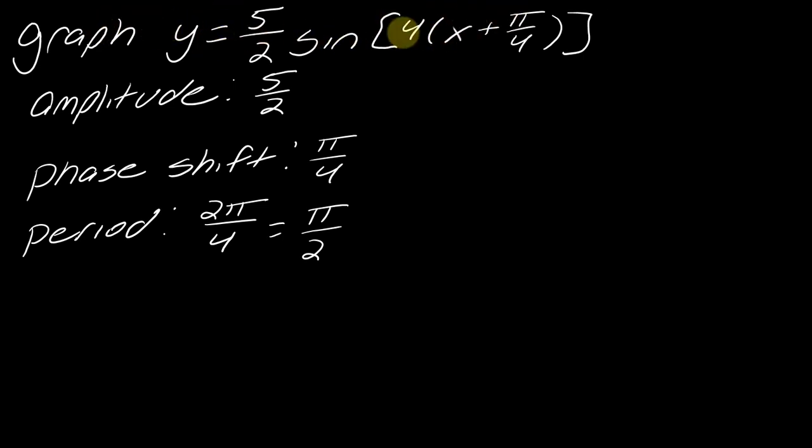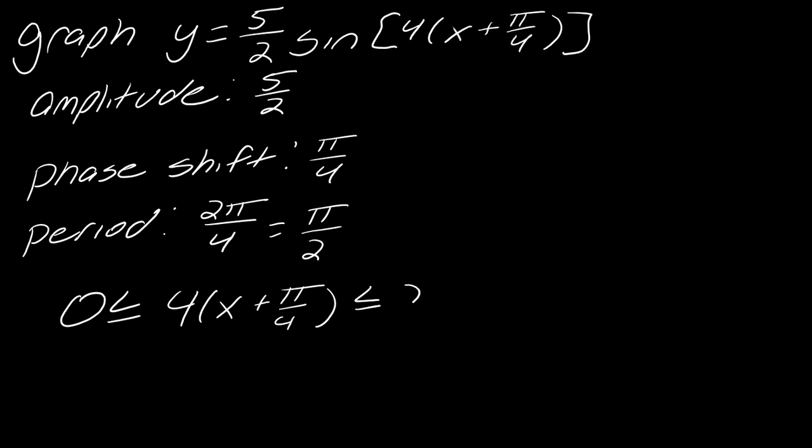To start and end the graph, you always set up the same idea. I go from 0 to 2 pi, but what goes in between is whatever is inside of my sine function. So I've got 4 times x plus pi over 4, and then that's less than 2 pi.